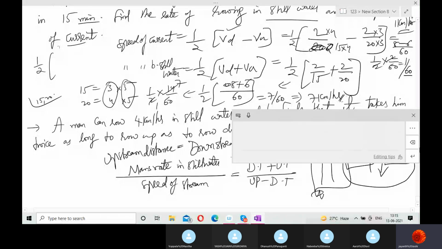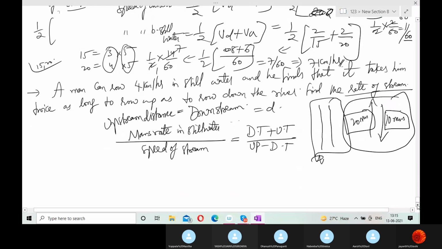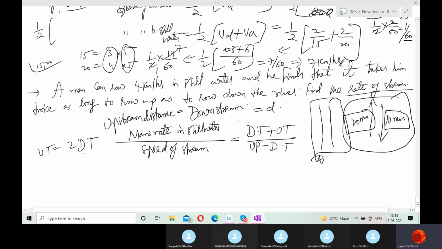This formula I gave you, and now see how I'm going to put the things in this. And here, uptime is equal to 2 times downtime. Why? Because if you are taking 10 minutes to go down, you will take 20 minutes to go up. That is double this. So uptime is 2 times downtime.